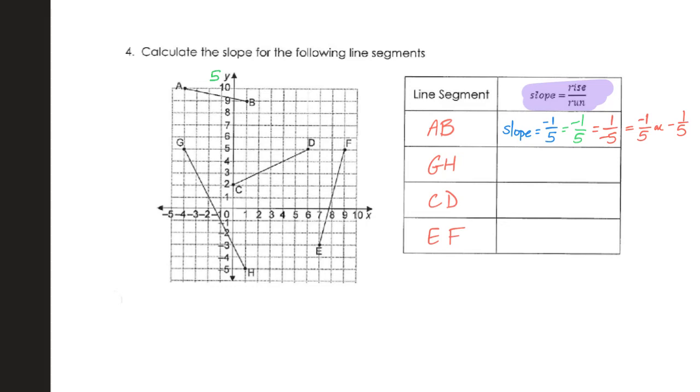Now, okay, we're back. So if I'm just going to come up with the slope of GH, then I know that my slope is rise over run. So how do I get from G to H? Well, I have to go down that distance. And now I have to calculate how far is that. Well, yes, you can count squares and go like 1, 2, 3, 4, but that becomes really tedious.